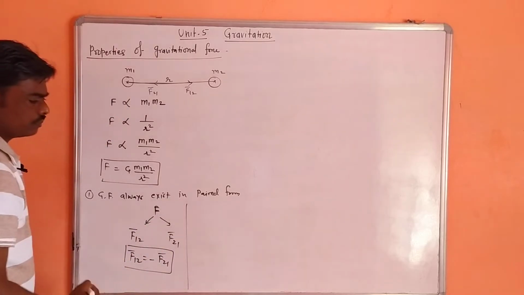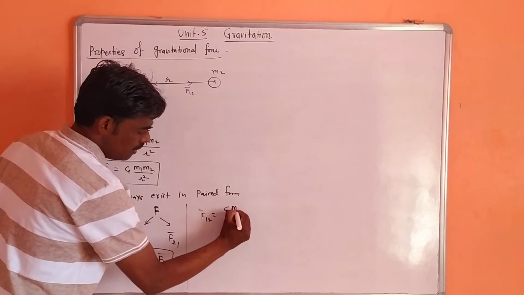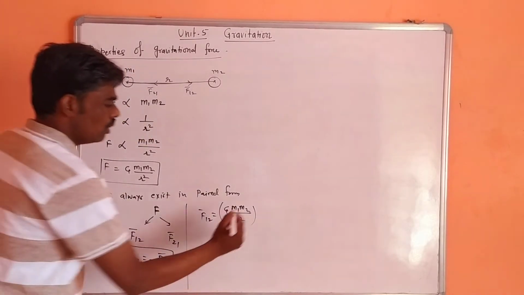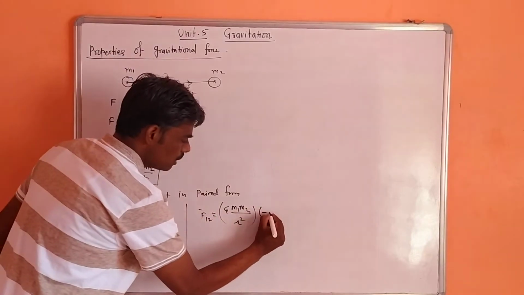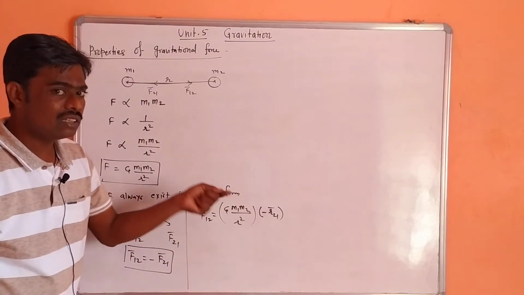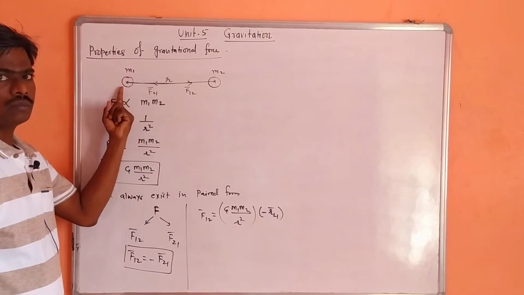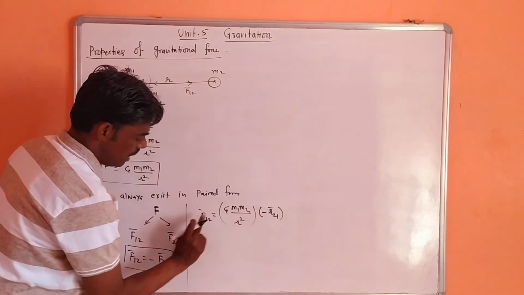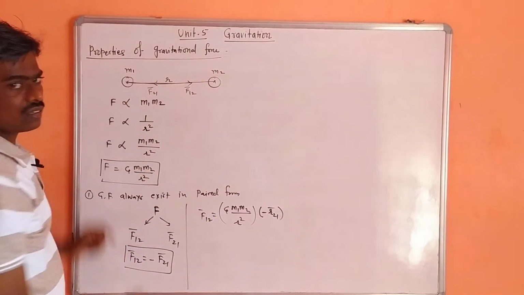Then in vector form, I can write vector F12 is equal to G m1 m2 upon r square, this is the magnitude, and the direction we represent by the unit vector minus r21. Vector r21 is the position vector which joins the second body to the first body, and this negative sign indicates that the direction of this unit vector and this force are opposite.